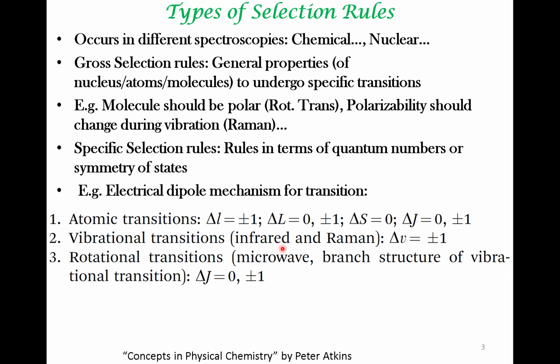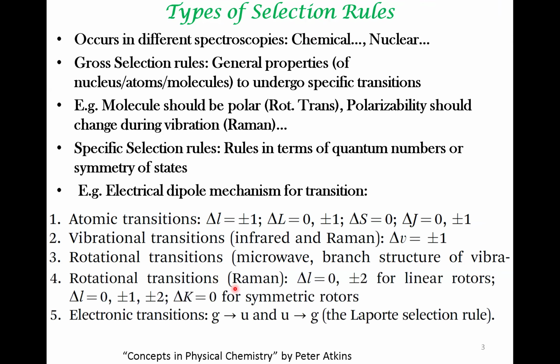So you can have constraints in infrared spectroscopy, Raman spectroscopy, and so on. Likewise, in whether rotational transitions in microwave spectroscopy, and so on. So you have to have taken some classes in quantum chemistry to make sense of these symbols, as well as how these constraints are obtained.